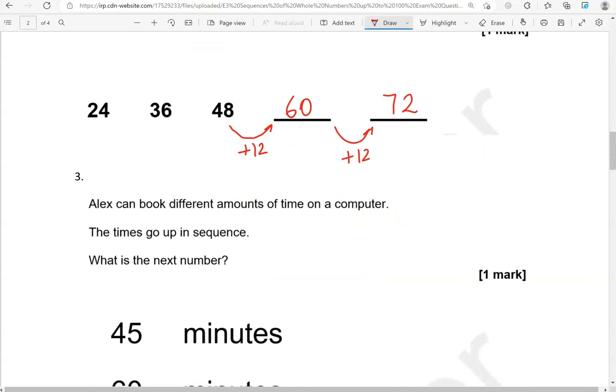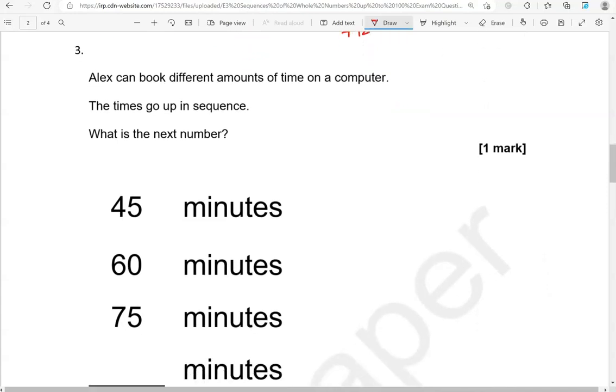Of course, we knew that we needed to add 12 because of the previous question, but if we didn't, then we'd start from scratch and go 36 take away 24, or 48 take away 36, and find out what you add each time.